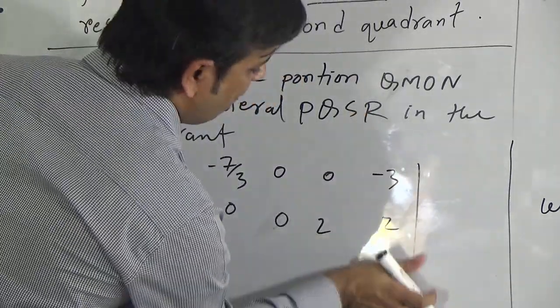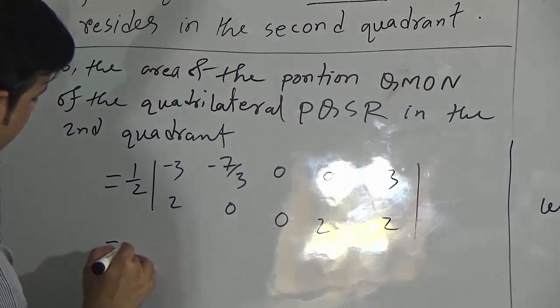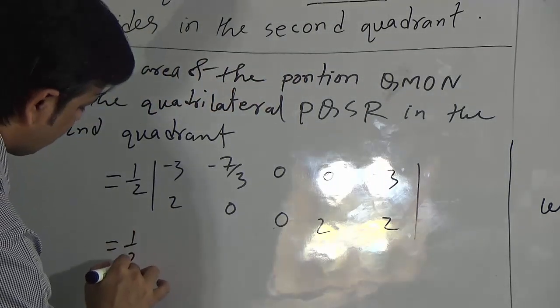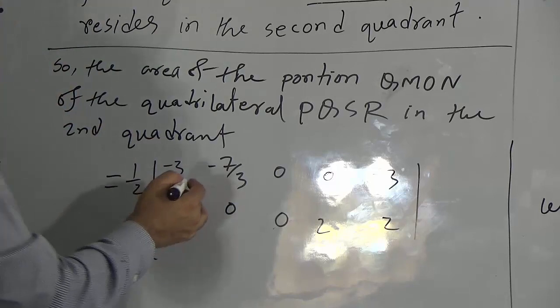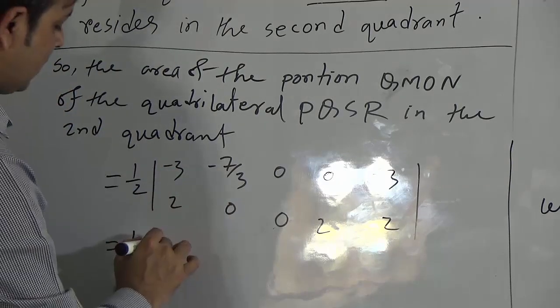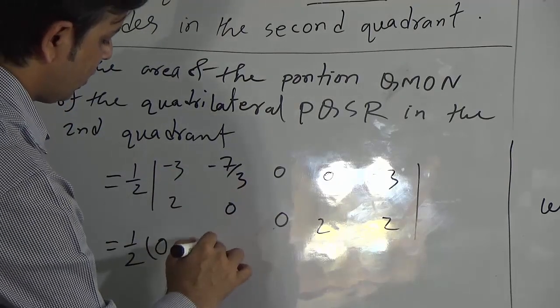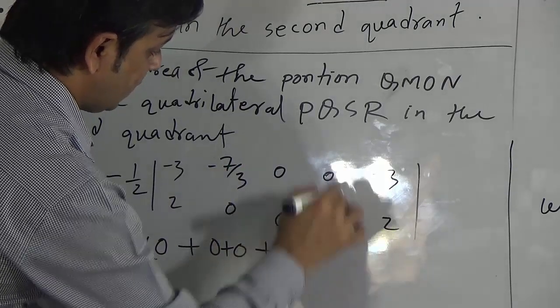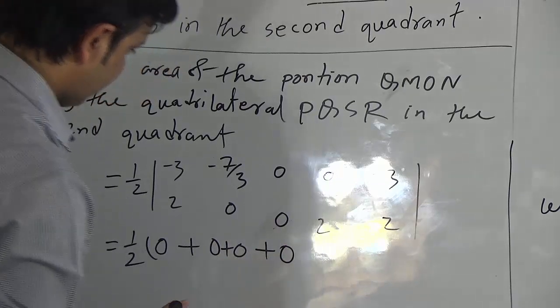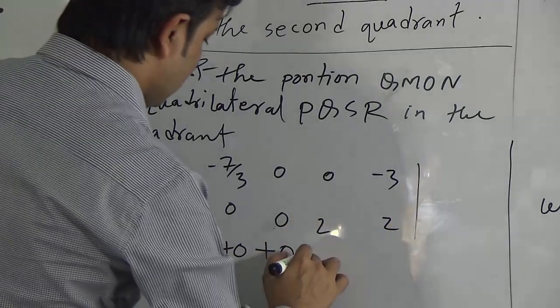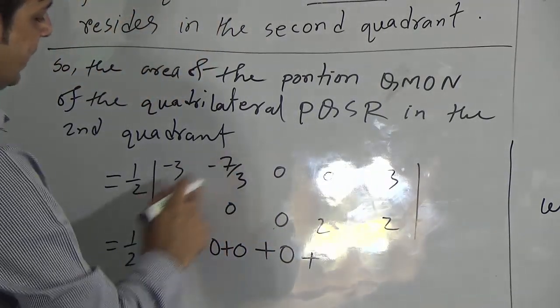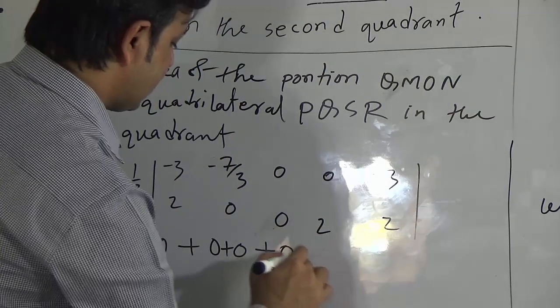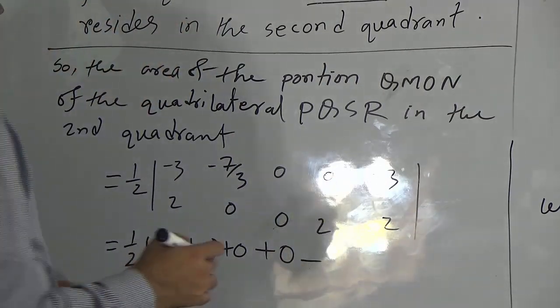So here will be the area. We multiply the diagonals: this will be 0 plus this will also be 0, now this will be 0 plus this will also be 0. Here should be minus in the formula.